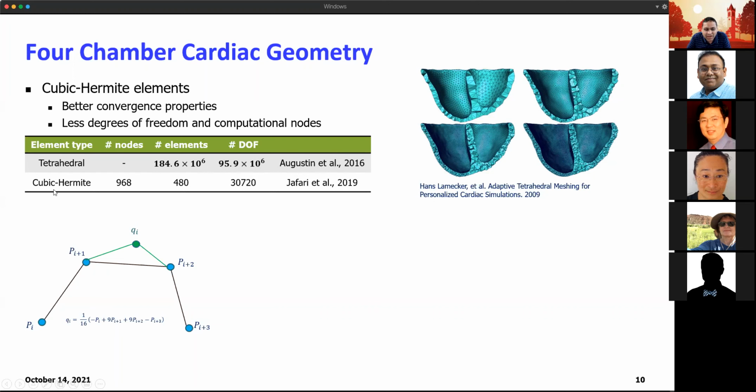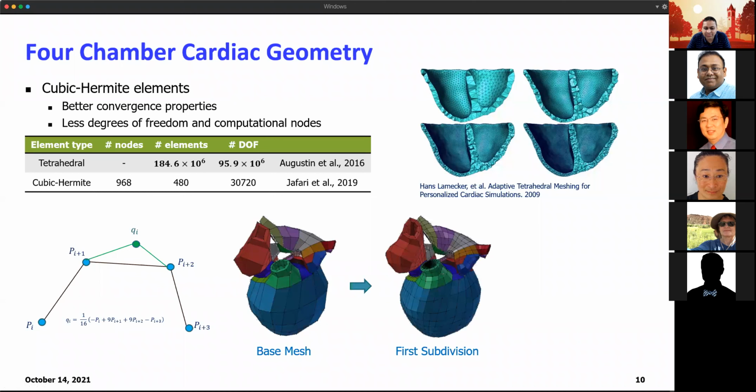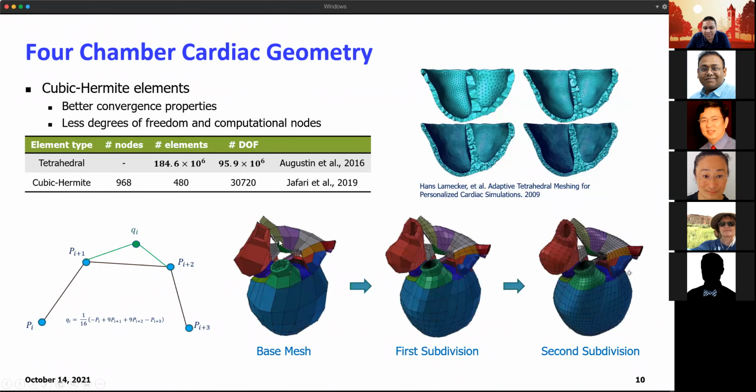On the other hand, with our cubic Hermite approach, we can model this complex geometry with only around 500 elements, or about 30,000 degrees of freedom. The reason we were able to do that is that these higher order elements can be much smoother than linear elements. So we can get a smooth cardiac model with very few elements, as shown here.